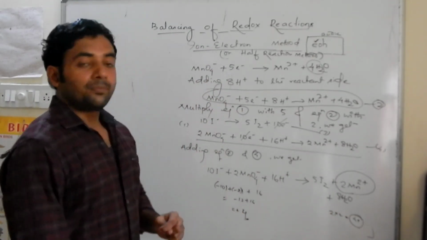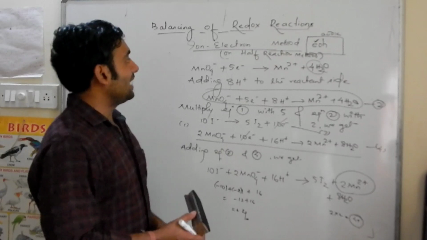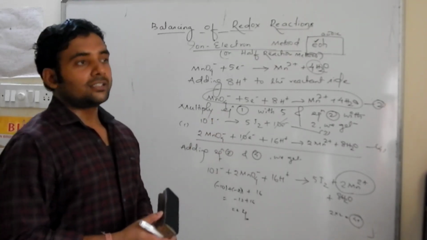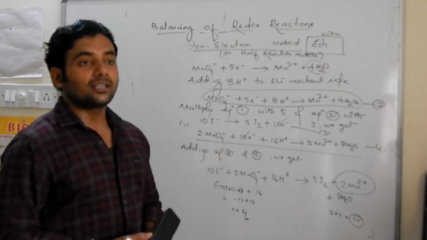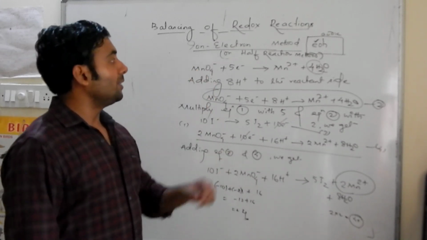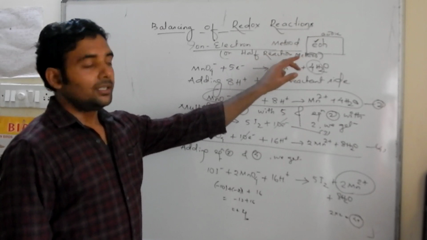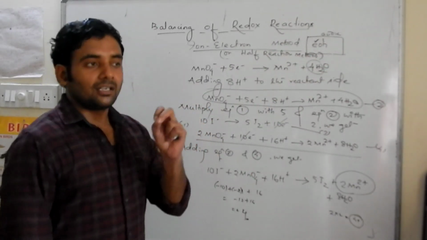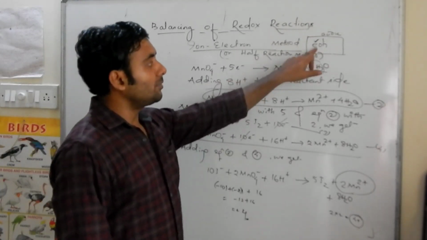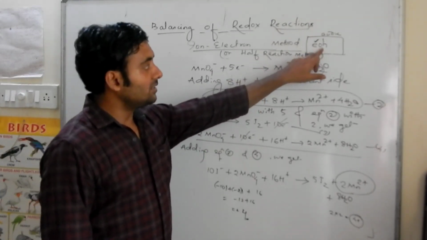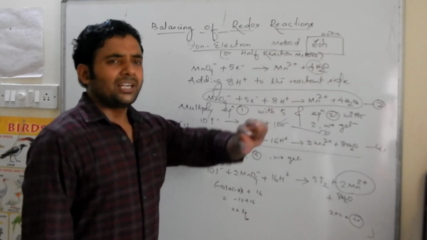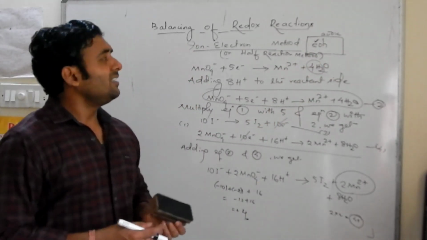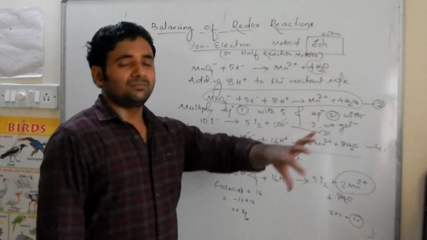So this is the way by which we can balance a redox reaction. One was the oxidation number method, and the second one was the ion electron method or half reaction method, and we have discussed it for acidic medium. In short, you can remember it this way: first balance the electrons, then oxygen, then hydrogen. In your NCERT textbook or in other cases we can also change the order.